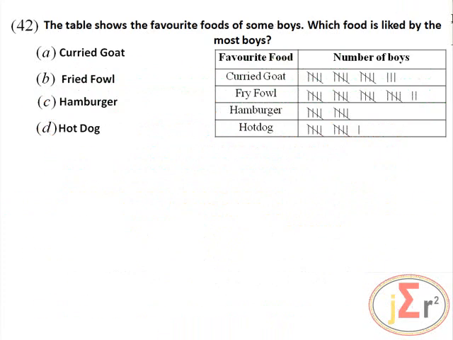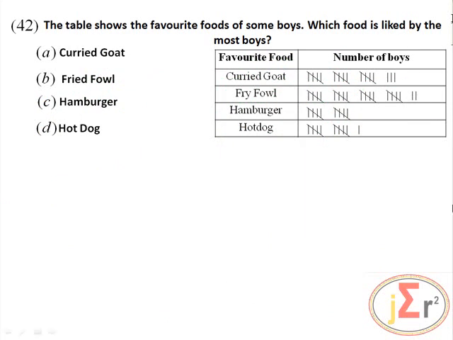The table shows the favorite foods of some boys. Which food is liked by the most boys? Now, what we have there is a tally table.